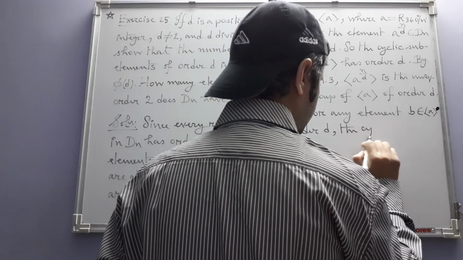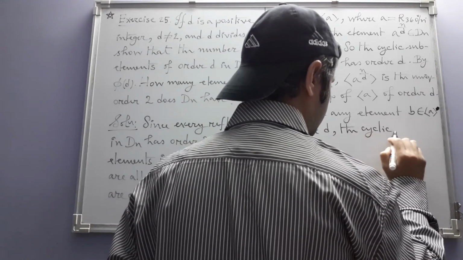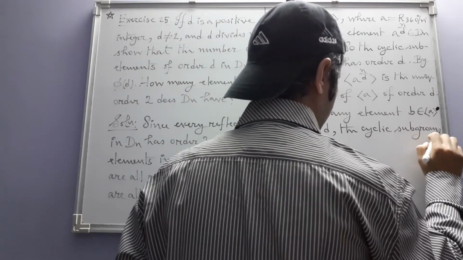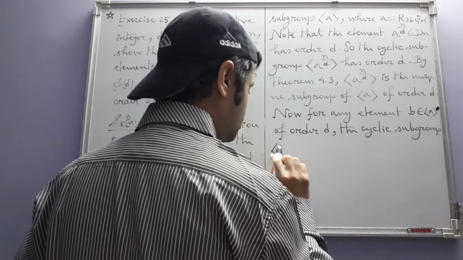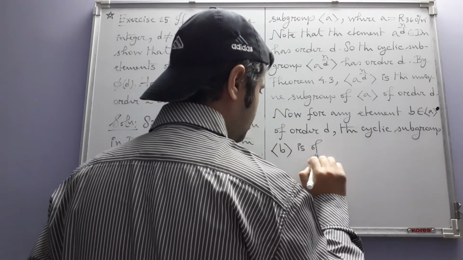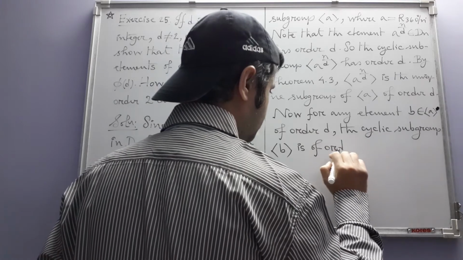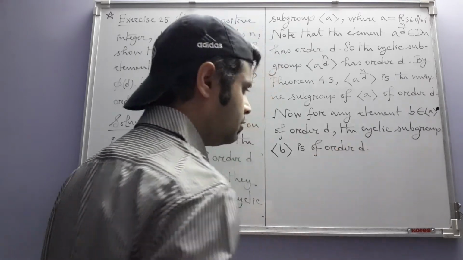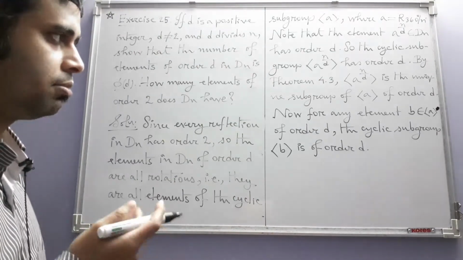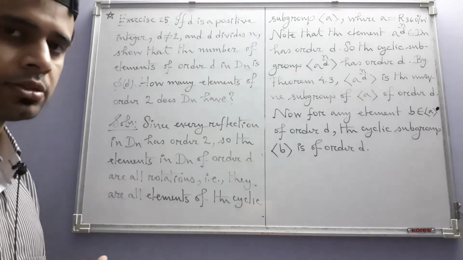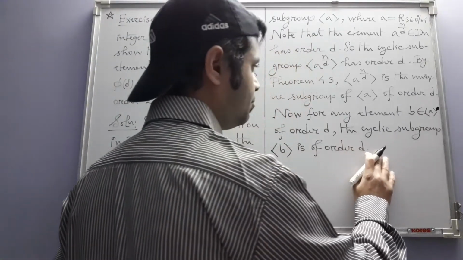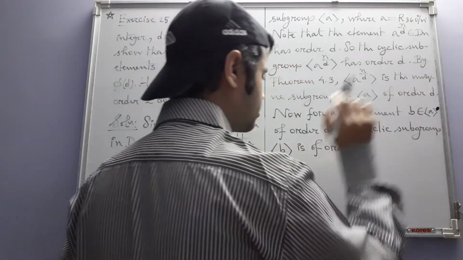the cyclic subgroup generated by B is of order D, because the element that is generating the cyclic subgroup has order D, so the subgroup also must have order D. Now, because of uniqueness, this will be equal to this.